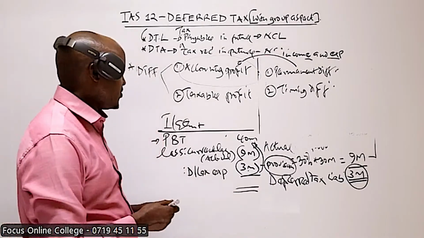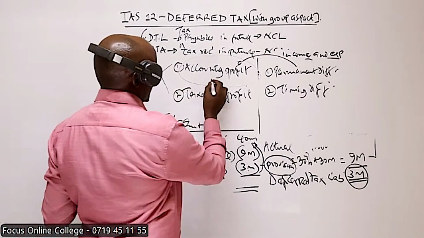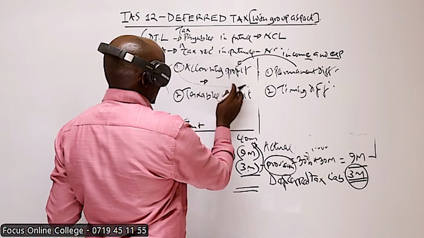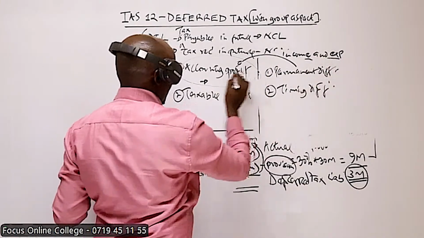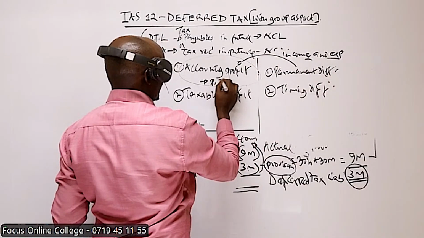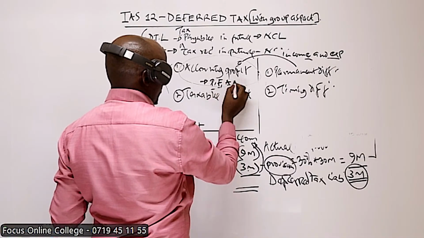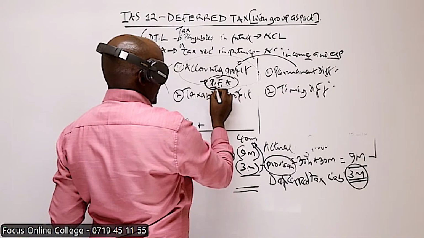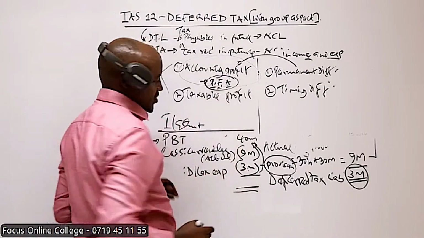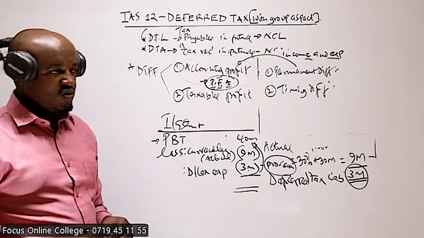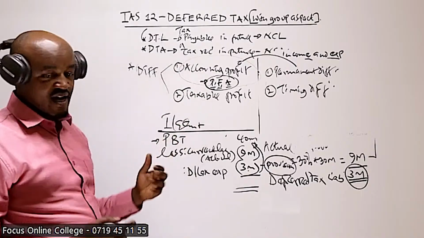For example, in computing the accounting profit, we may take into account expenses such as penalties, fines, and amortization of assets. So we take into account all those particular expenses in the computation of accounting profit.